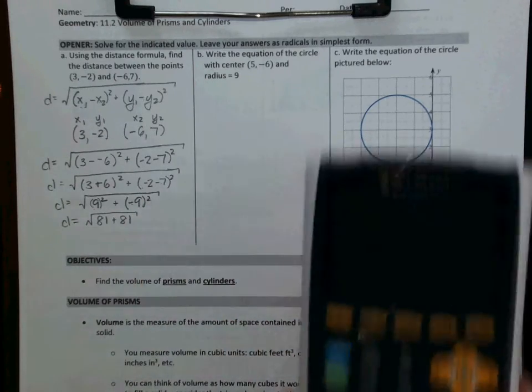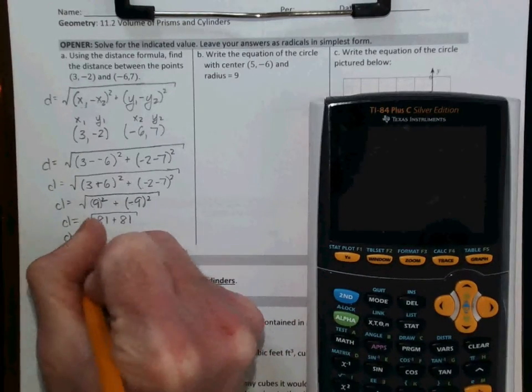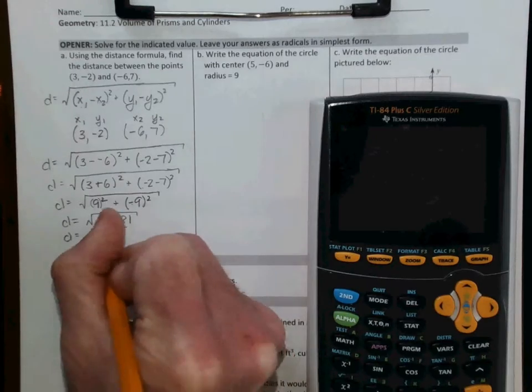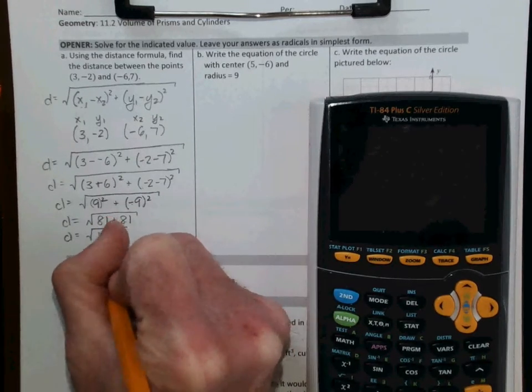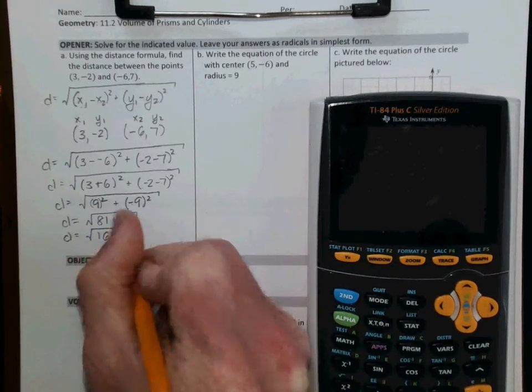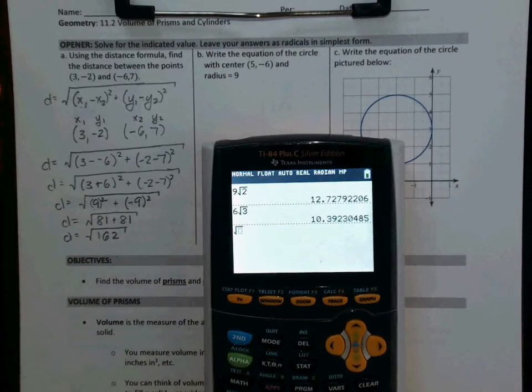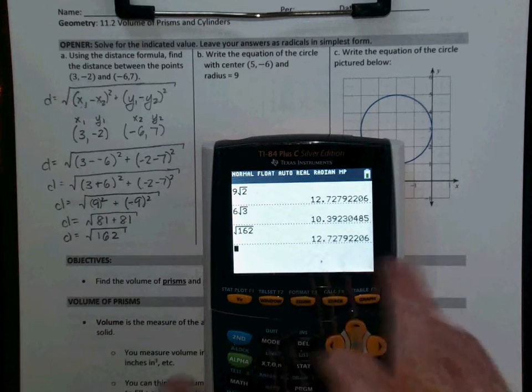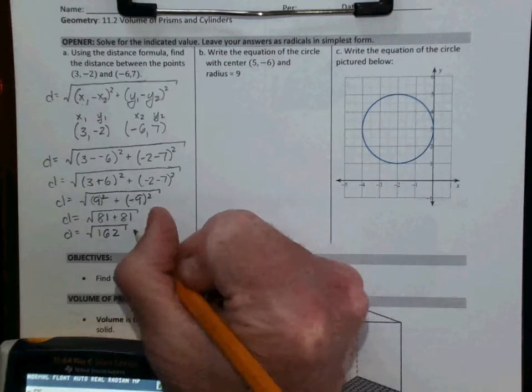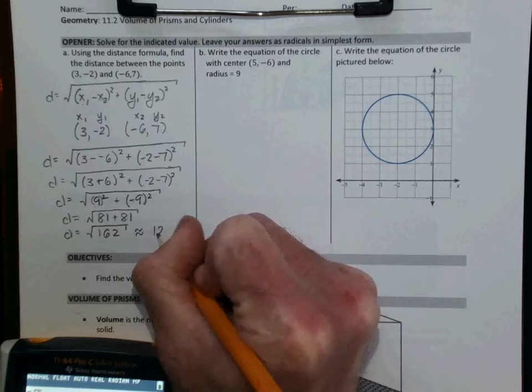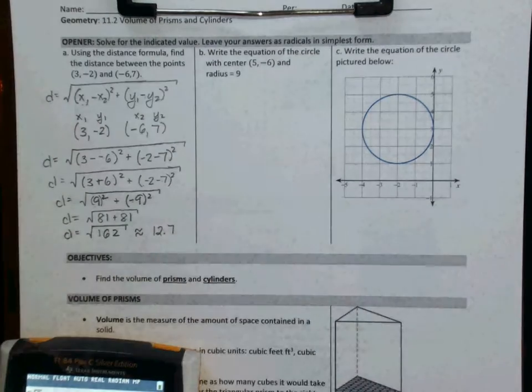So distance equals the square root of 81 plus 81, which is 162. I'm going to use my calculator real quick. The square root of 162 is about 12.7, so approximately equal to 12.7.